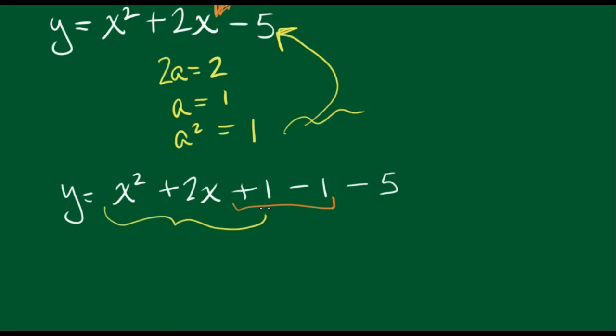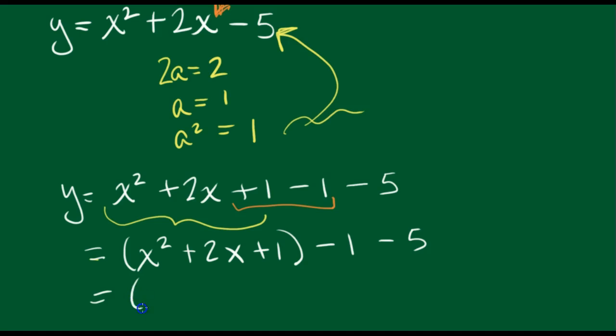I group the part that is the perfect square, and I write y is equal to x squared plus 2x plus 1, minus 1 minus 5. That's what's left. So now I have x plus 1 squared minus 6.